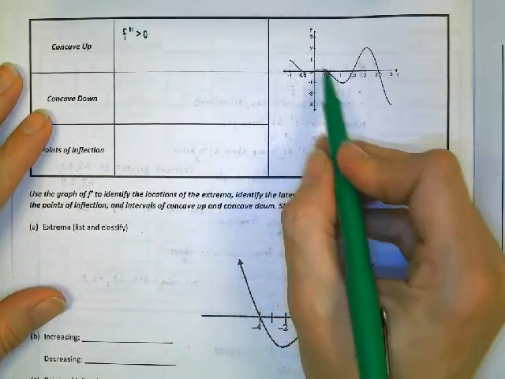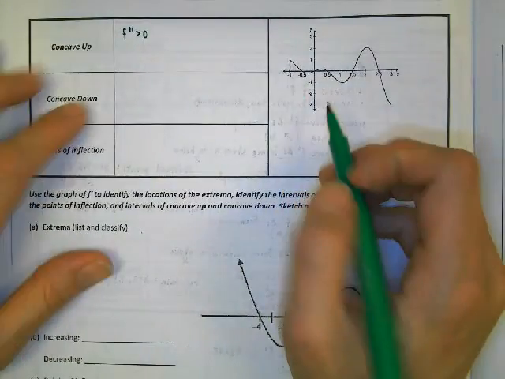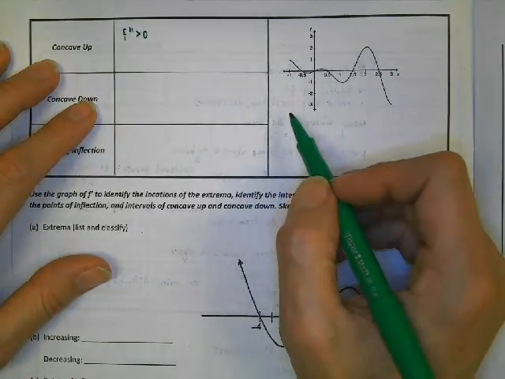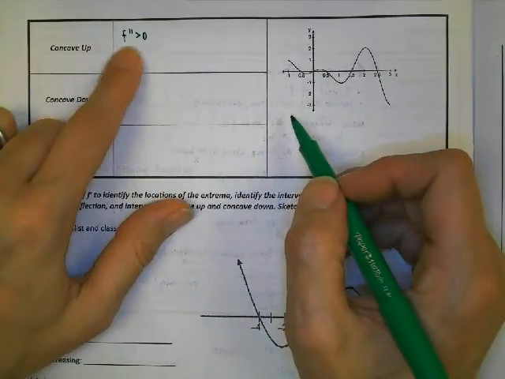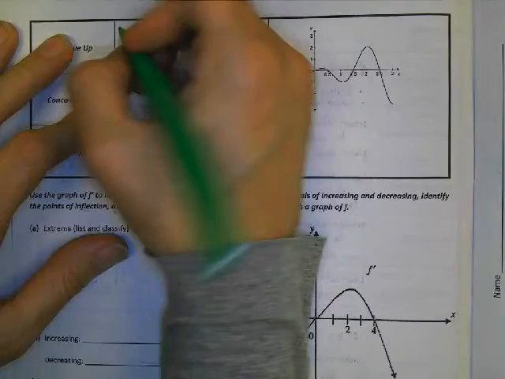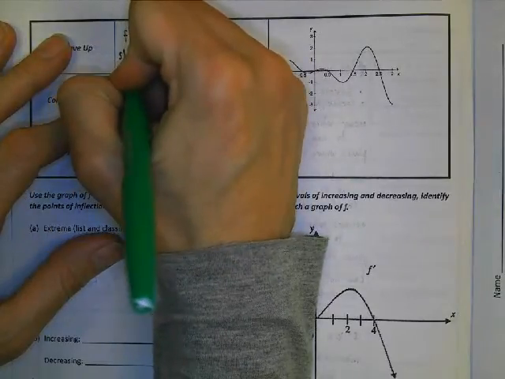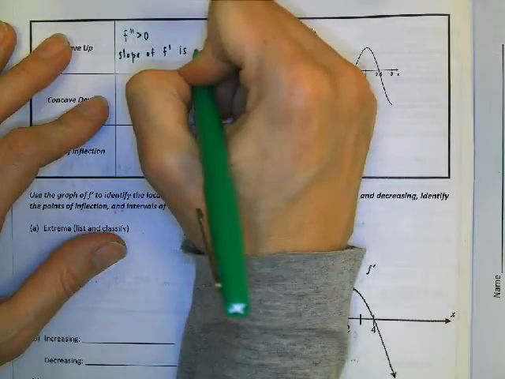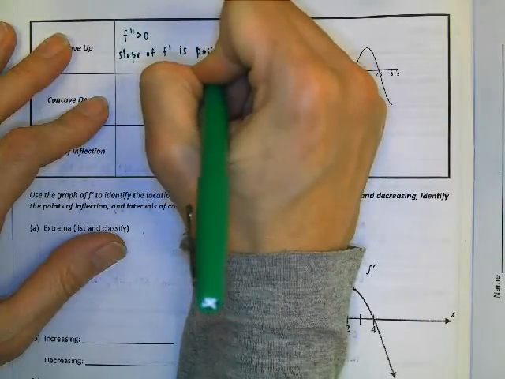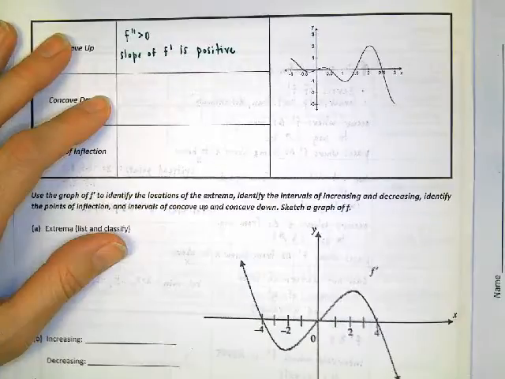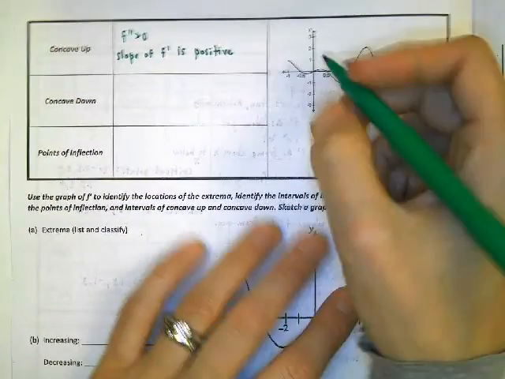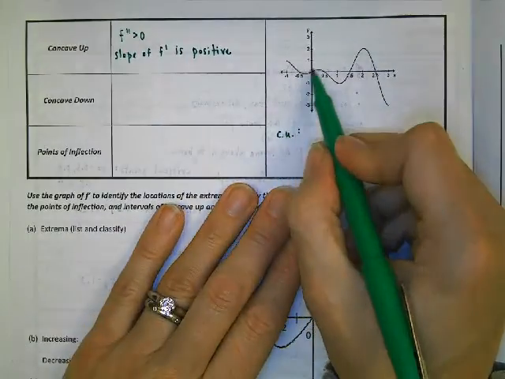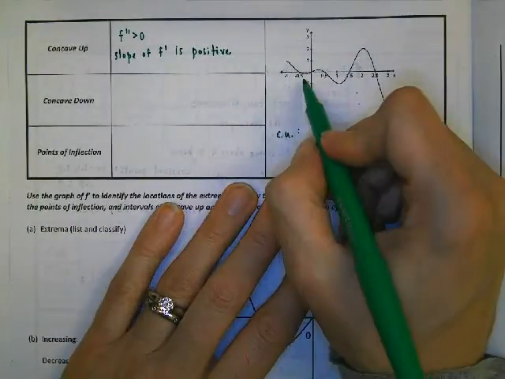So now if I'm looking at the graph of the first derivative, I'm really talking about the slope of my first derivative. So second derivative is going to be greater than 0 wherever the slope of f prime is positive. So now I'm going to be concave up, again, wherever the slope of f prime is positive.